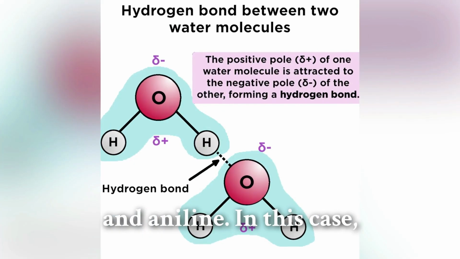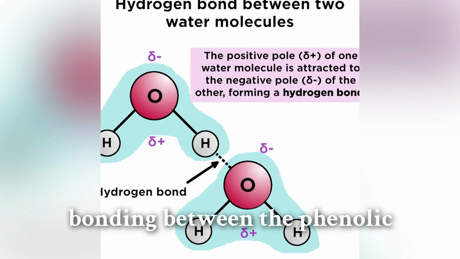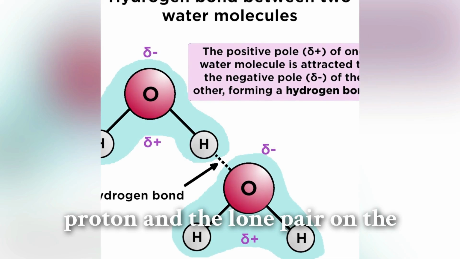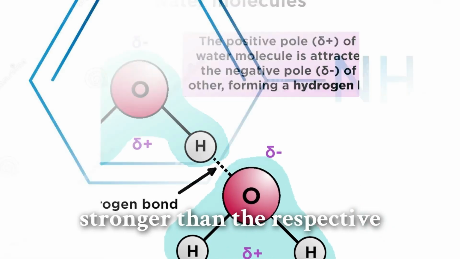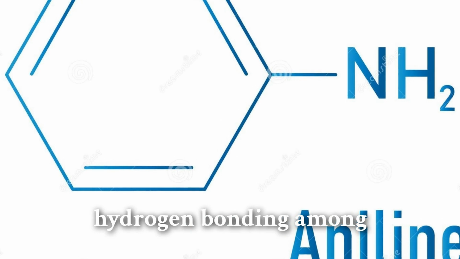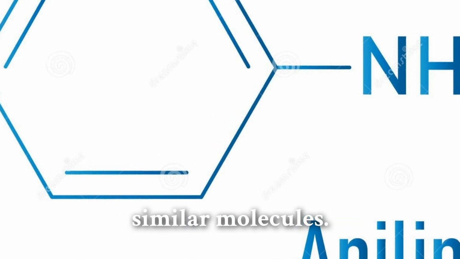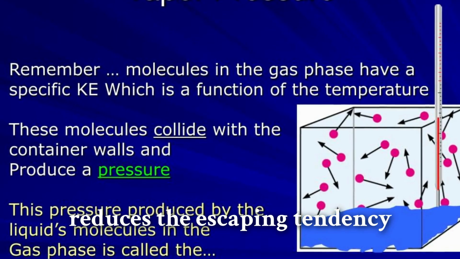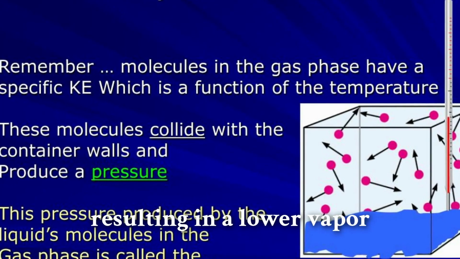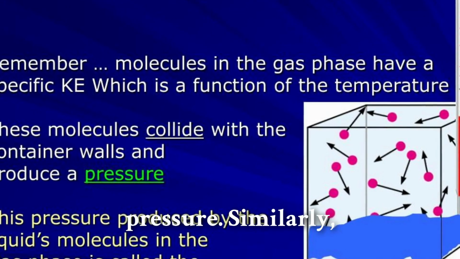In this case, the intermolecular hydrogen bonding between the phenolic proton and the lone pair on the nitrogen atom of aniline is stronger than the respective hydrogen bonding among similar molecules. This stronger interaction reduces the escaping tendency of the molecules, resulting in a lower vapor pressure.